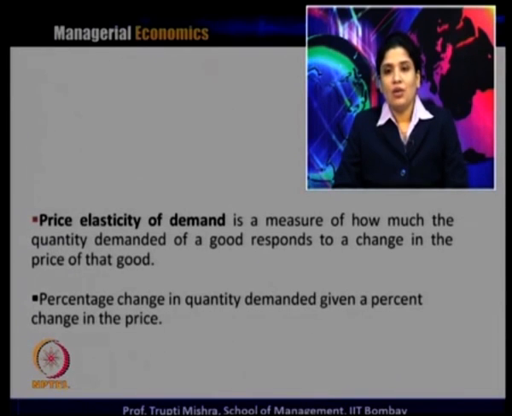All other things remaining constant, that is ceteris paribus, there is no change in any other variable. What is the change in the quantity demanded when there is a change in the price? Price elasticity of demand measures that. So, this is the percentage change in the quantity demanded given a percentage change in the price.